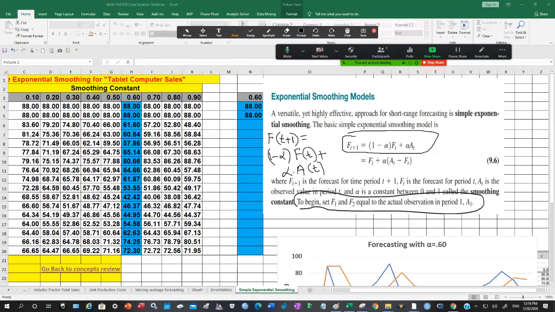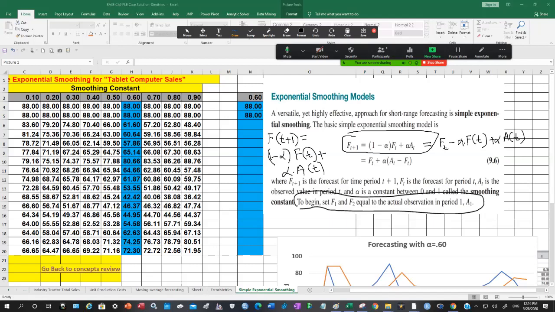Now, if we multiply things here, this is equal to 1 times F of t, then you have minus alpha times F of t, and then you have plus alpha times A of t.